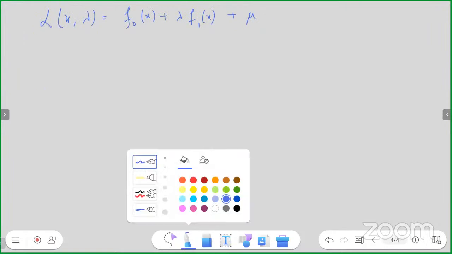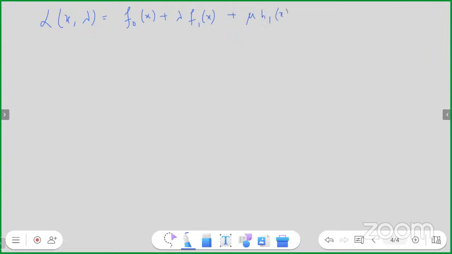Okay, so L of x, lambda is f0 of x plus lambda f1 of x. Let me just put it for 1, it doesn't really matter. Plus mu times h1 of x, and g of lambda mu is inf of L over x.